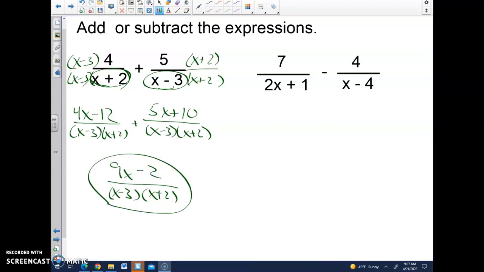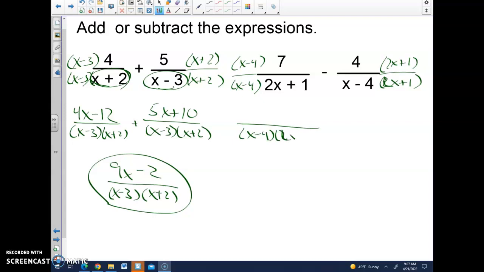Here, x minus 4 over x minus 4. And on the right, 2x plus 1 over 2x plus 1. Okay, so on the bottom, we get x minus 4, 2x plus 1.